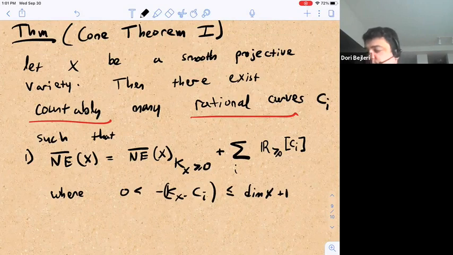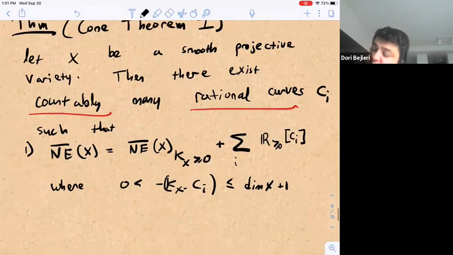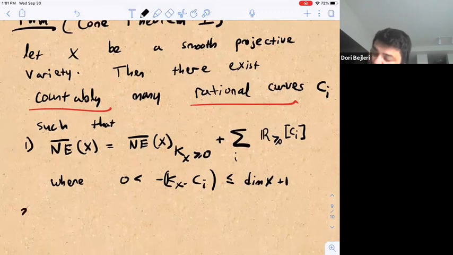Okay, so this is saying there are these countably many rational curves that have this bounded negative intersection with the canonical, and that they span the canonical negative side of the cone of curves as a cone.